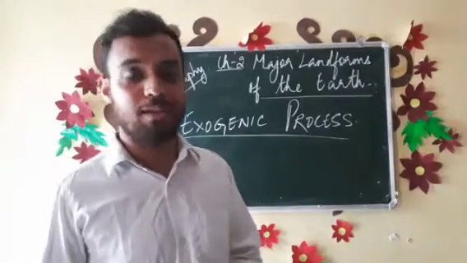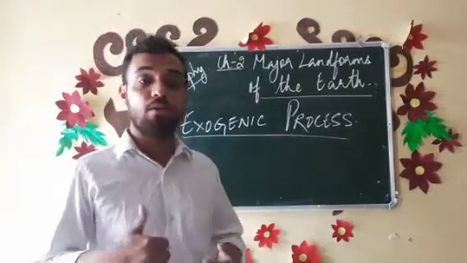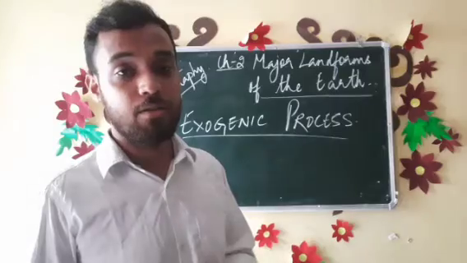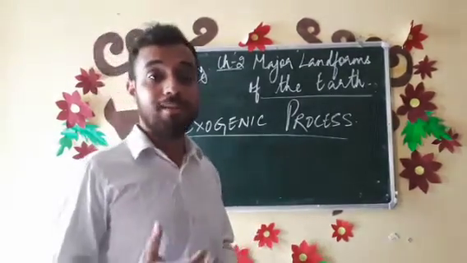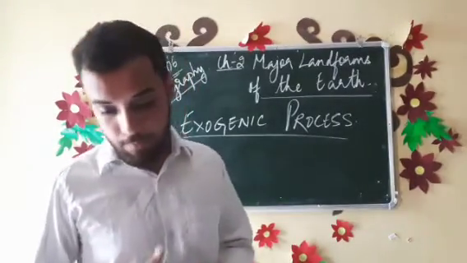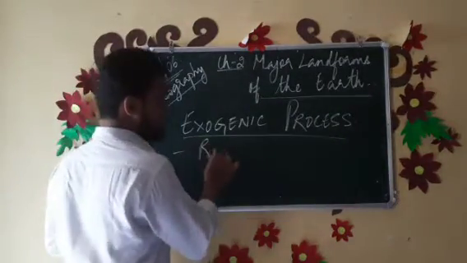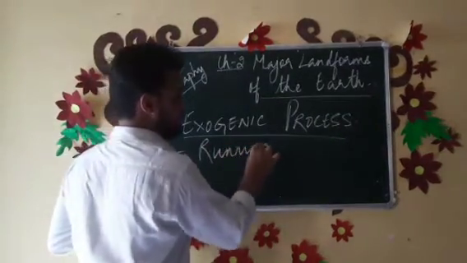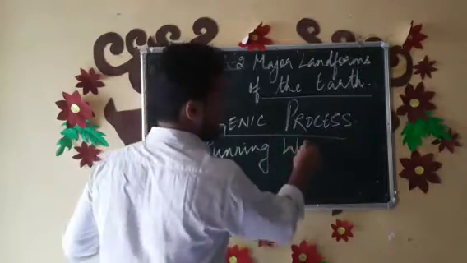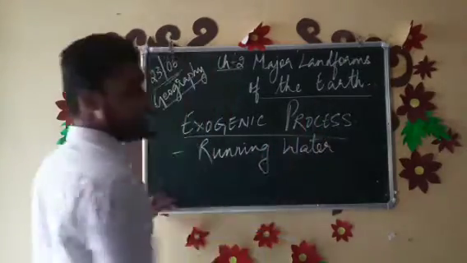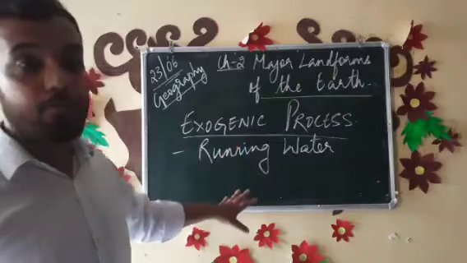What all things can we experience on the surface of the earth? Rain, wind, fire, all these are external forces. Okay? Example, running water. Running water is an external force.